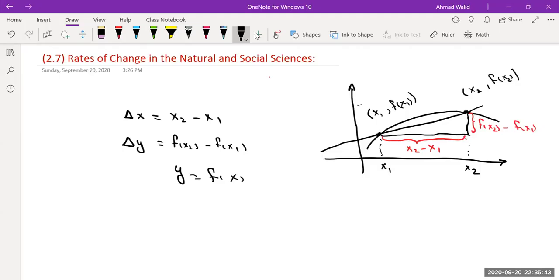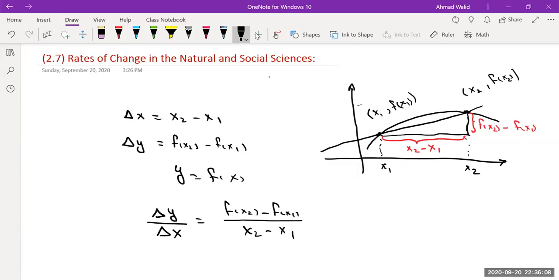The difference quotient, which you learned in algebra, the formula was delta y over delta x, correct? We call it the difference quotient. Actually, the difference quotient, delta y over delta x, means f of x2 minus f of x1 over x2 minus x1, right? That's the meaning.